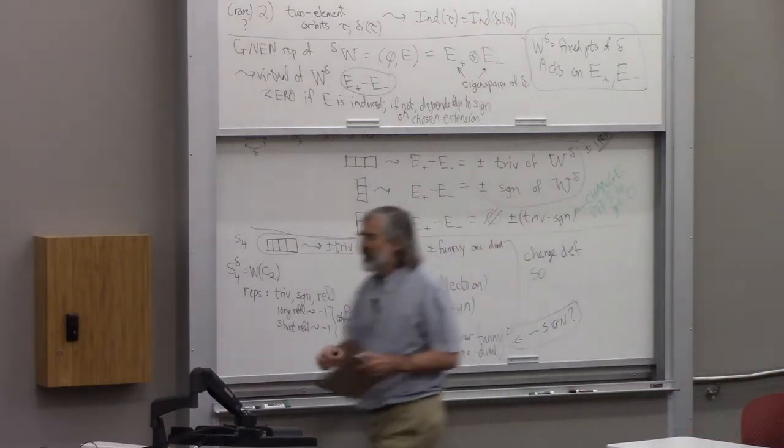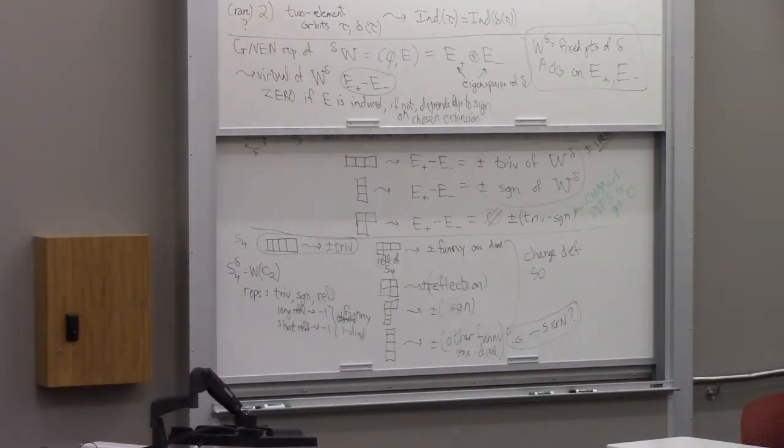At any rate, I think what's well known, so here's a fact about the Weyl group of type BCN, which is S2n upper delta.